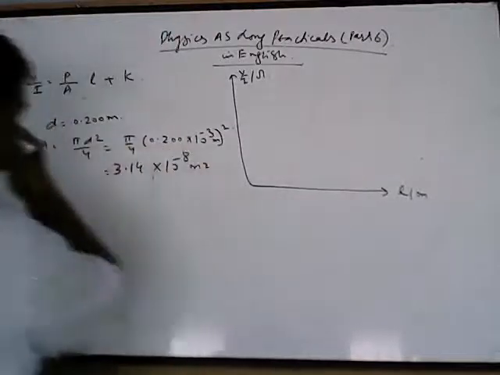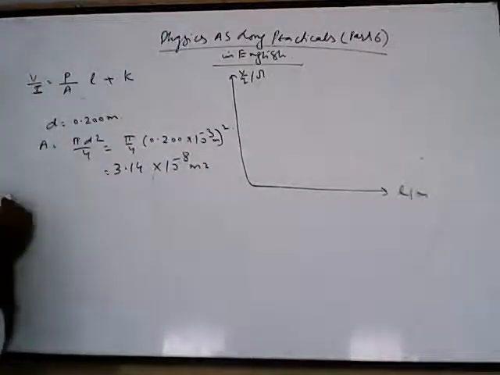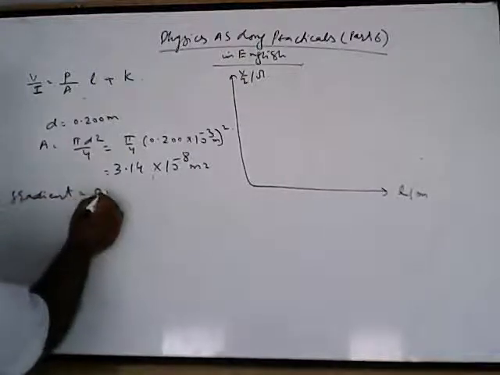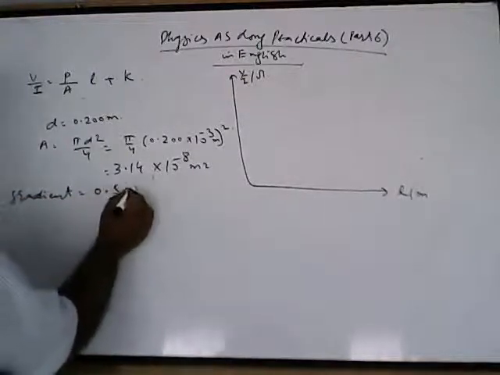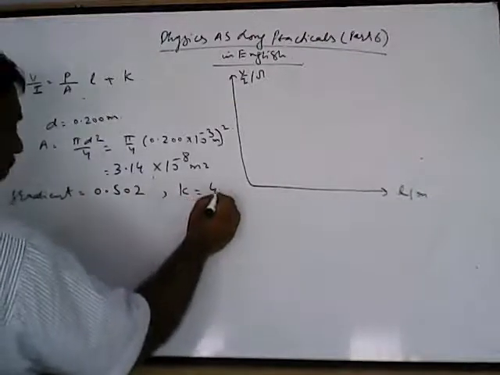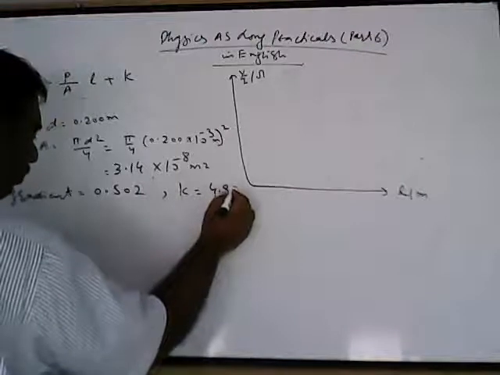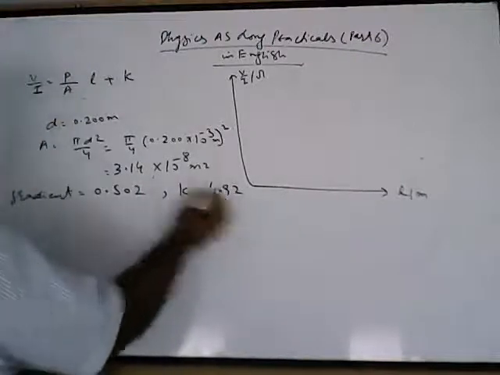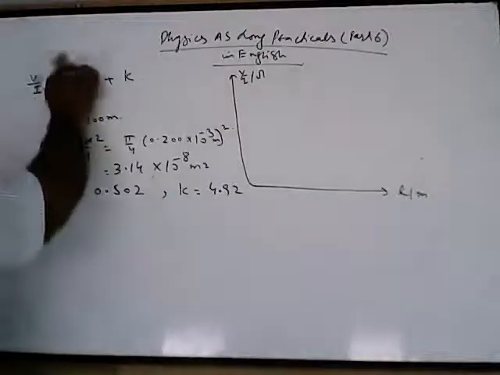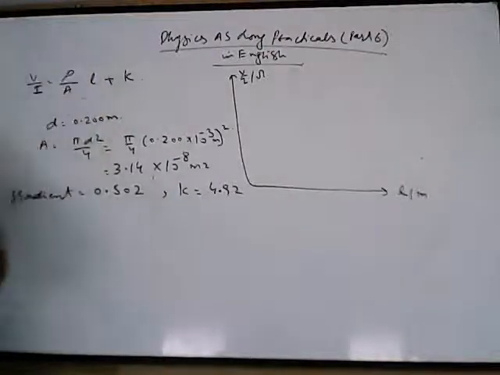You calculate the area. Now you find the gradient, suppose 0.502, and you find K as 4.92. Now you have to find the value of rho, the resistivity, and K.